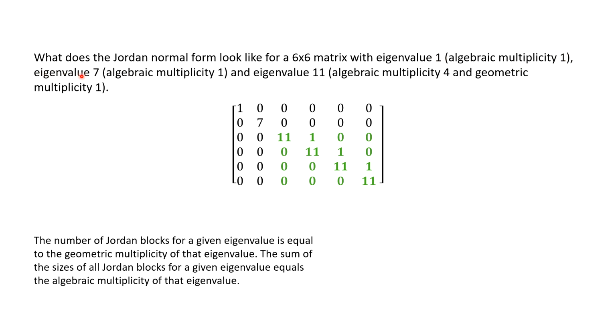And then eigenvalue 7 of algebraic multiplicity 1, and by implication geometric multiplicity 1. And then a third eigenvalue, 11, of algebraic multiplicity 4 and geometric multiplicity 1.